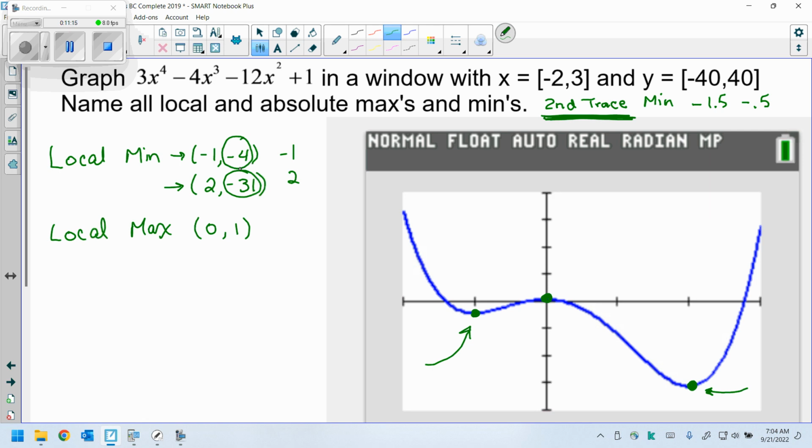Now, what about absolute max, absolute min? I'd like the point of absolute max. Well, not sure what this is. Not sure what this is. It looks like at -2 it's going to be a little bit higher. If I check out what's going on at -2, I think I'm going to get my absolute max.